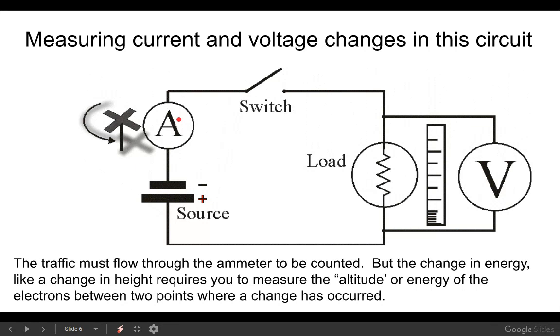But if we want to measure the energy change, the voltmeter is connected across an object. So notice there's no way for the flow to go around the meter. There's no connection here. But on a voltmeter, the flow that goes through the bulb, there's actually a little bit of the flow that has to go this way to be measured.